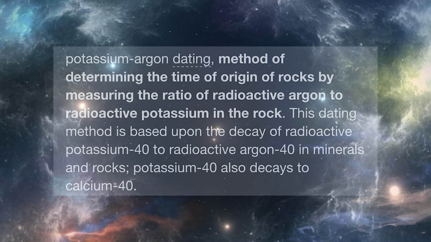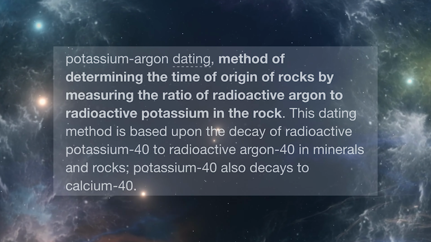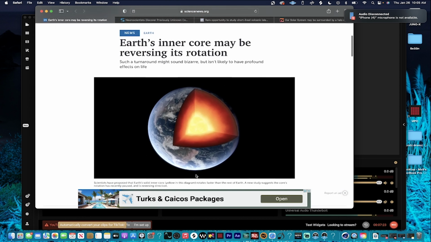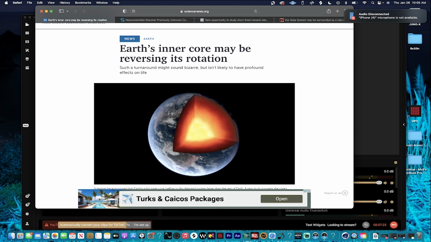When potassium-40 is converted and is then in our atmosphere as argon, they're able to tell how long, and even determine certain processes, just off of that, like how long the planet's been around, you know what I mean?